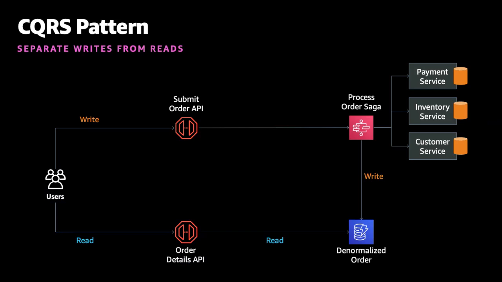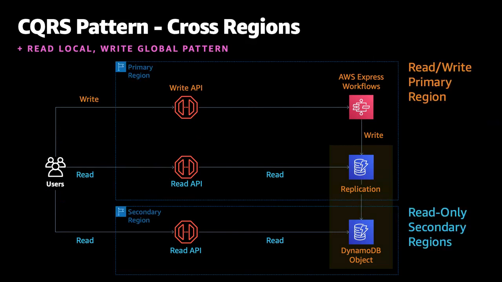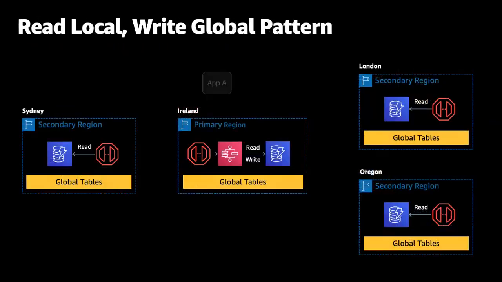Subsequent read requests are done on the normalized objects directly from DynamoDB tables in the same format required by the API endpoints. By adding DynamoDB cross-region replication to CQRS, you can split CQRS into regions, with the primary region having both write and read API endpoints, while secondary regions only having read endpoints.